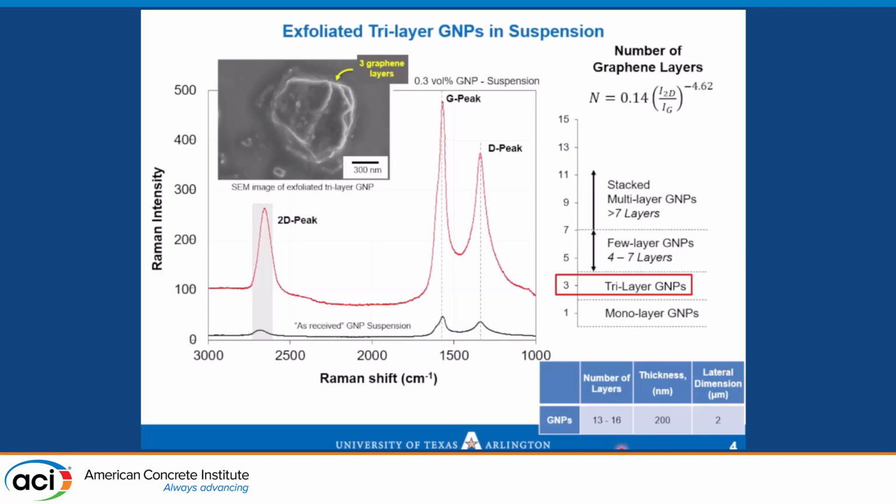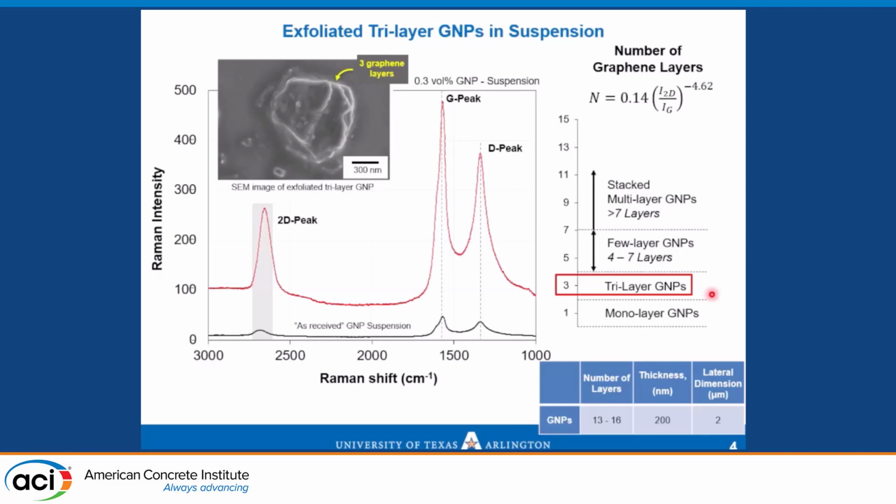We monitored the degree of exfoliation, using again Raman spectroscopy and the same equation here, and we found that after our procedure, we are able to reduce the number of layers to 3. So we prepared exfoliated tri-layer graphene nanoplatelets.